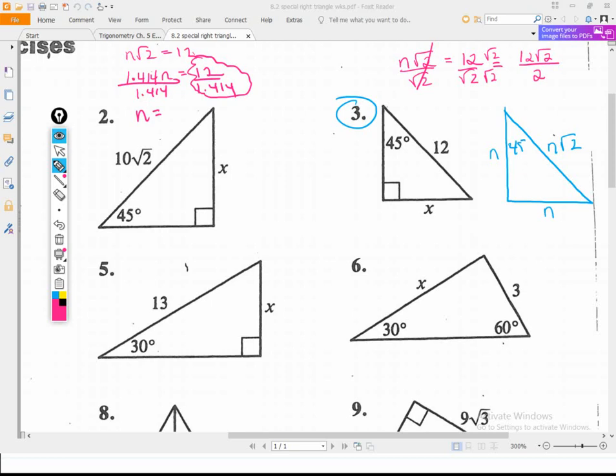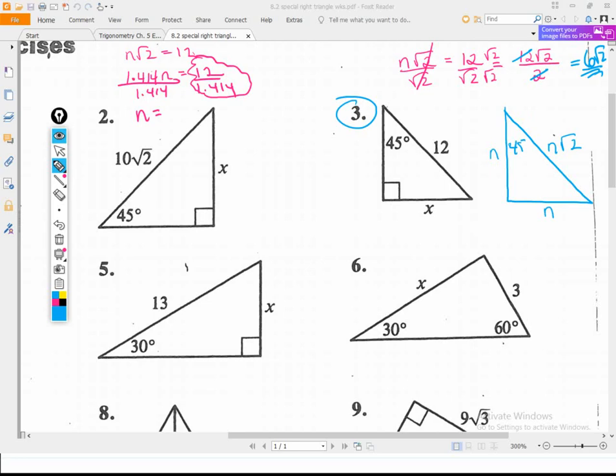So it can't cancel. And that's what a lot of people want to do, is that they ignore the radical symbol here and think that everything can just cancel because there's a bunch of 2's. The only thing that can cancel here is that 2 and a 2 that resides in that 12. So it gives me 6 radical 2 as an answer.